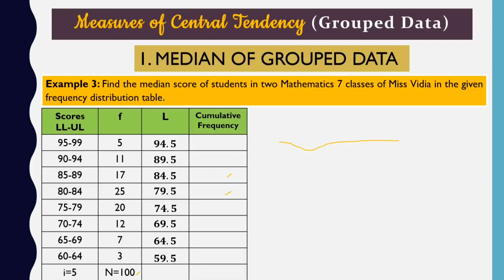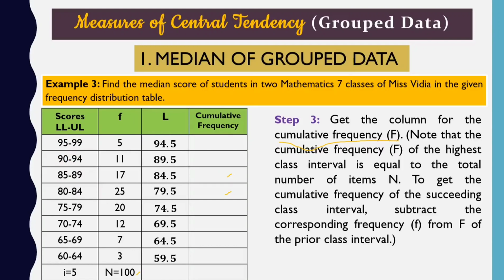We move on to step 3. It says there, get the column for the cumulative frequency, represented by capital F. Note that the cumulative frequency of the highest class interval is equal to the total number of items n.